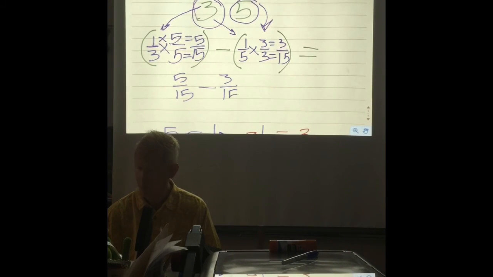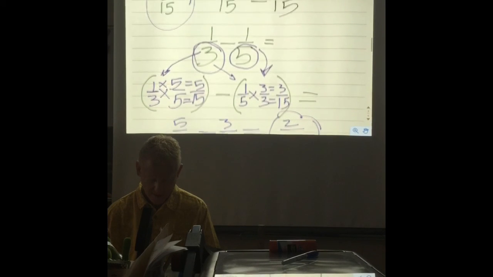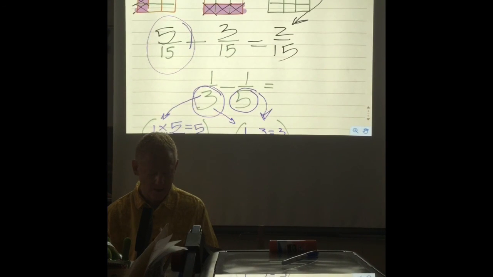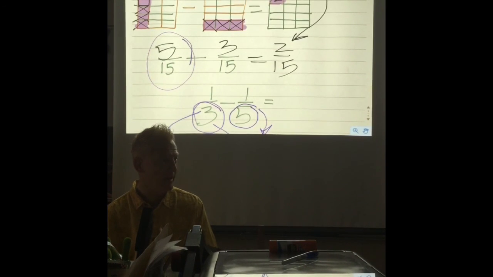Okay, so what do we have? 2 15ths. Well, as you can see, we have 5, take away 3 is 2. Our bottom number stays the same, and so it's 15. So our answer is 2 15ths. Does that look familiar? That should, because that's what we got up here in our drawing out method.